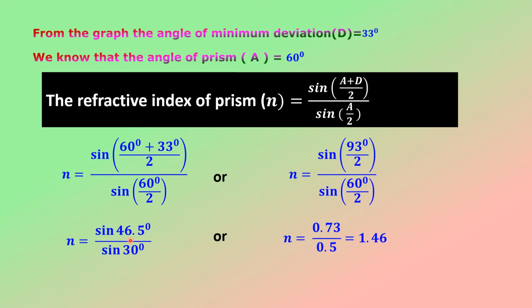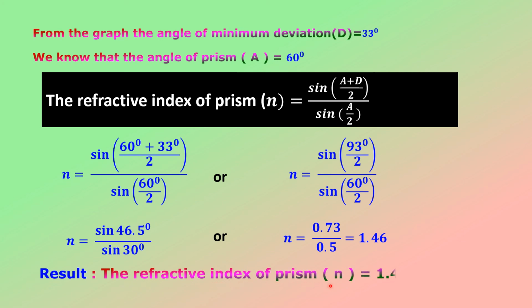So sine 46.5 degrees, its value is 0.73, and sine 30 is 1 by 2, that means 0.5. After division we get the n value as 1.46. This is the refractive index of the material used in making the prism. So the final result of this lab activity is the refractive index of prism n equal to 1.46.